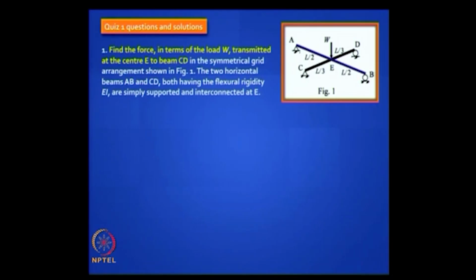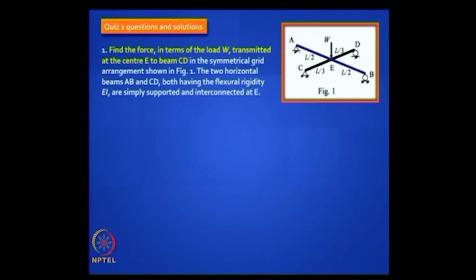You have 2 beams crisscrossing, you have a concentrated load W acting in the middle, and W is going to be shared between AB and CD in some proportion. The question is, what is the fraction of that W that goes to CD? Very simple, clean question, and both the beams have identical cross section and flexural rigidity. Is it clear?